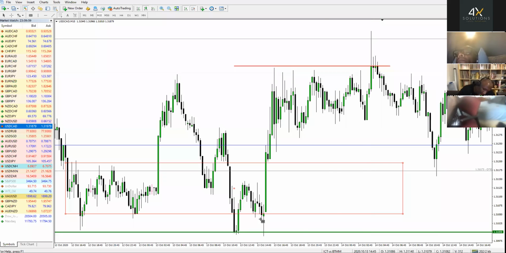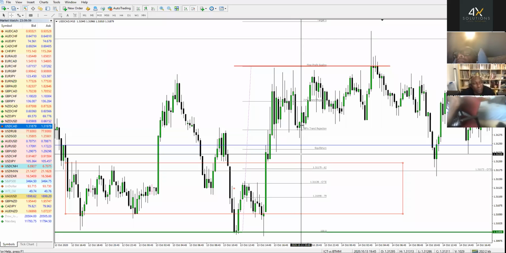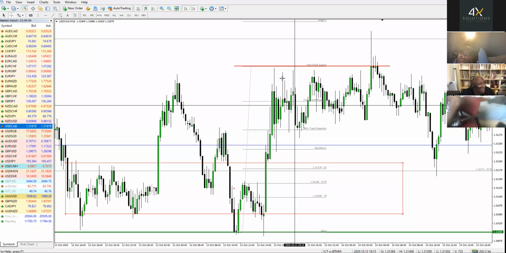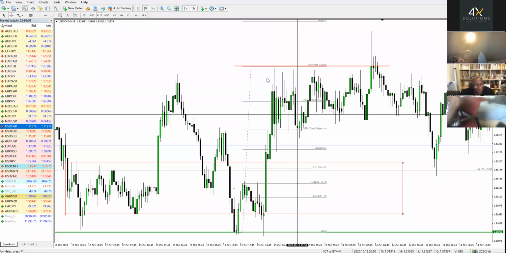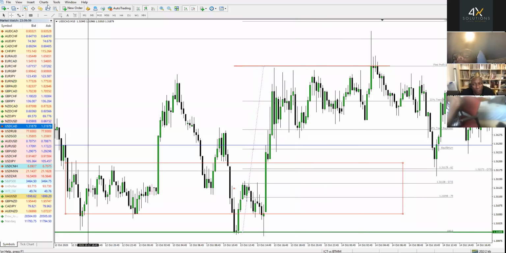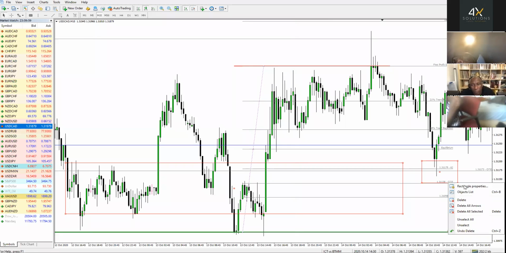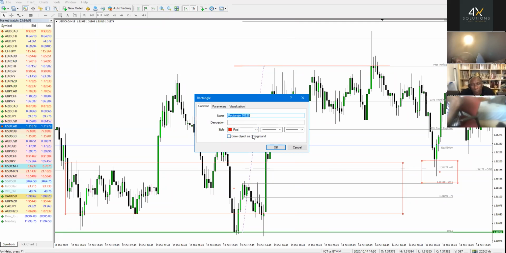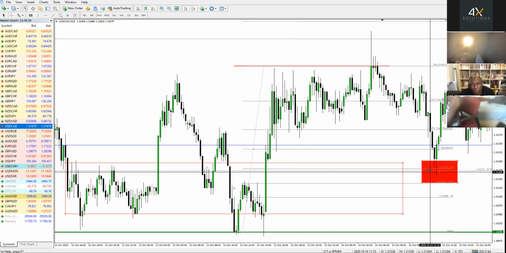If we had pulled our fibs from the IPL to the body and we are waiting for price to come into a level of discount, we don't get that over here. But here, if we were patient, we would have gotten entry right over here in this zone, right there at 62%.